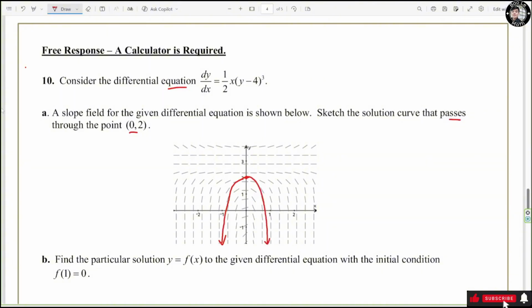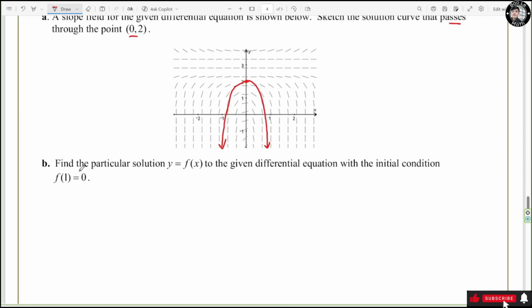Alright. Now question B. Find the particular solution y equals f of x to the given differential equation given the initial condition f of 1 equals 0, right? So you have dy over dx equals 1/2 x times y minus 4 cubed.